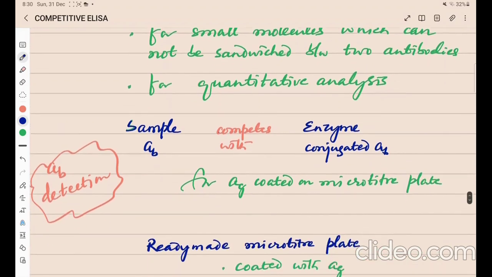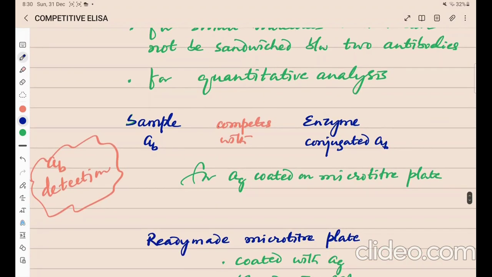So what is that competitive ELISA? Suppose let us discuss antibody detection. That means the sample contains the antibody and we want to detect that. So we'll take one antigen specific to the antibody and we will coat that on the microtiter plate. If our sample contains the antibody, then that will bind to this antigen.